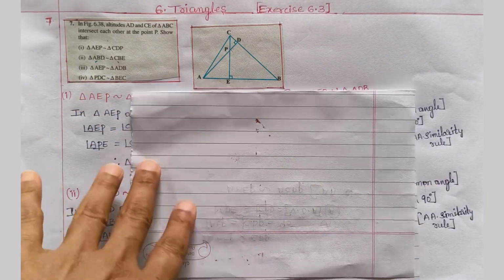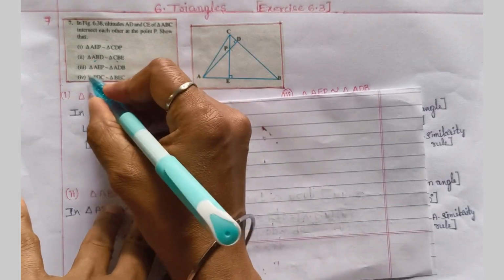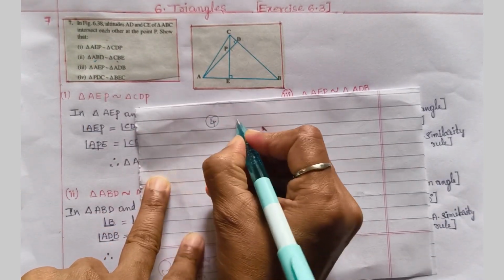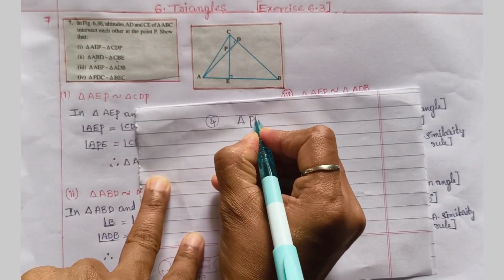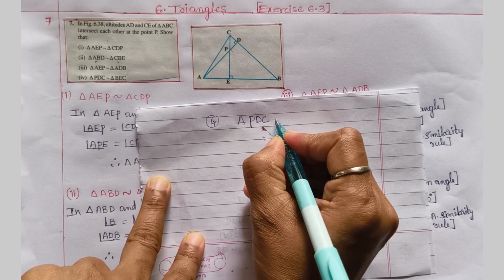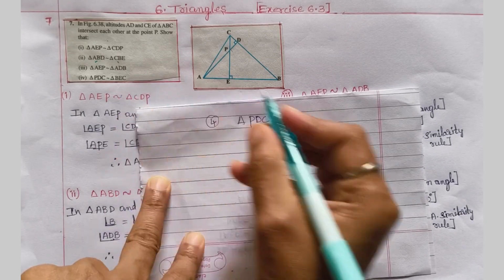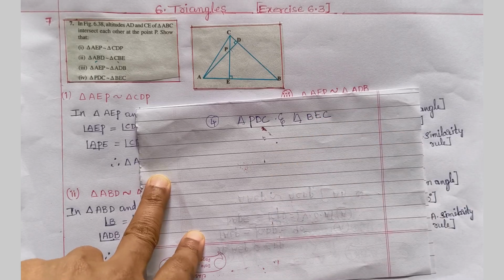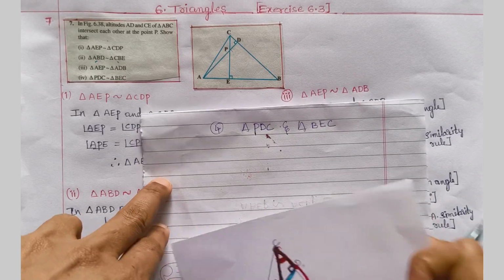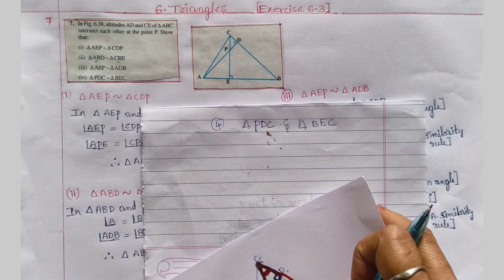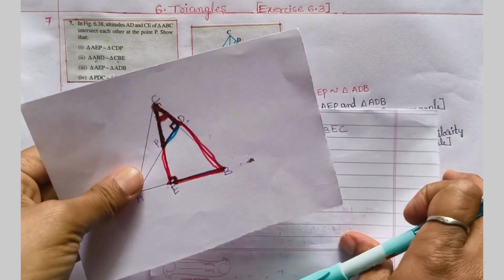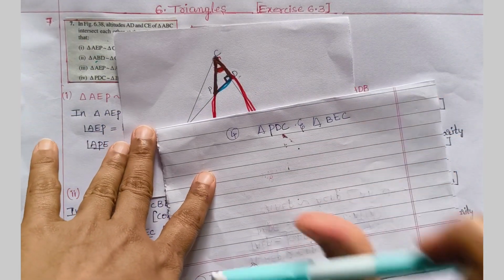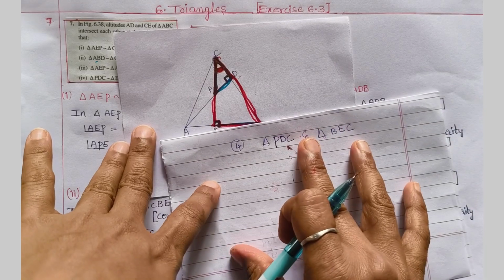Okay. See here, which triangles are we taking? Fourth question: triangle PDC, this triangle, and triangle BEC. These two triangles we have to prove similar. Try to understand. First we will take the common angle. What is the common angle?